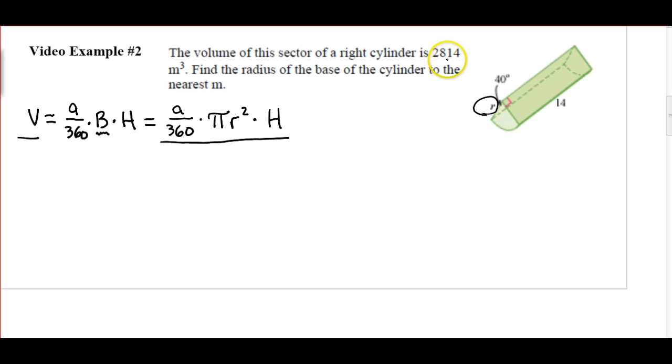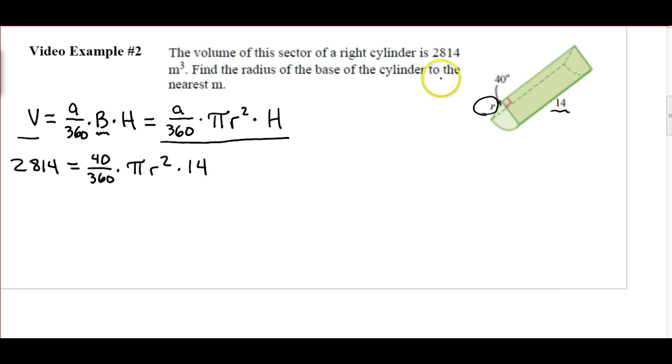I know that the volume is 2,814. And we know that A is the part of the circle we have, so that's 40 degrees, so 40 out of 360 times pi r squared, r we have to find, times the height of the whole thing, which is 14.